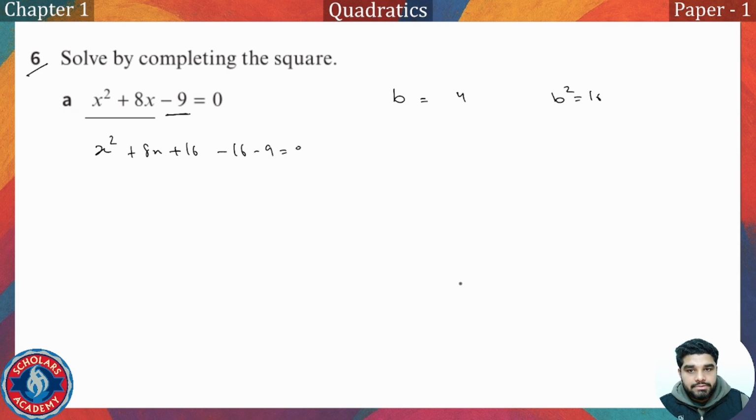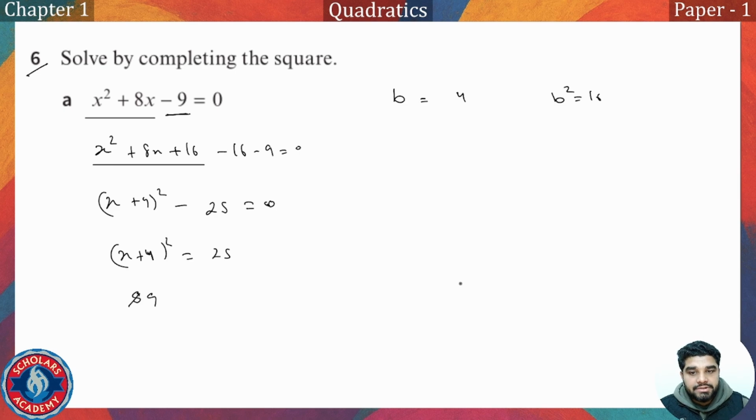This completes our (a plus b) whole square formula, and minus 16 minus 9 is equal to 0. All right, so from here we get (x plus 4) whole square minus, now we get 25, which is equal to 0. So now what I get is (x plus 4) whole square is equal to 25. I will square root both sides.